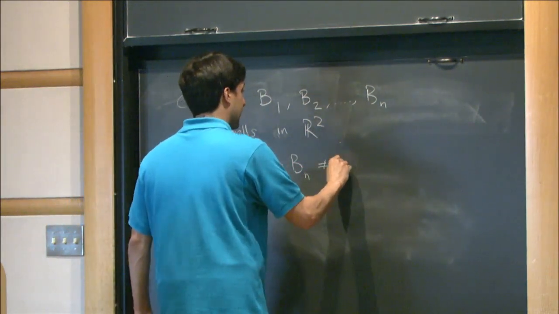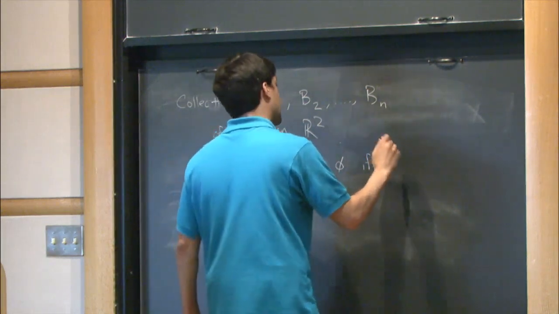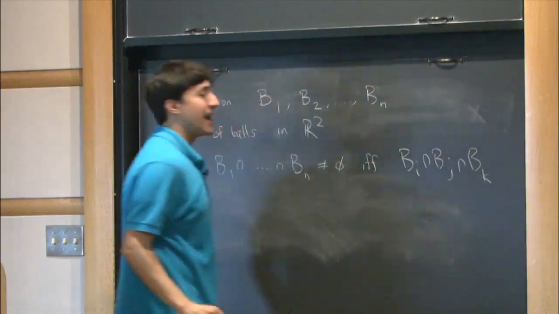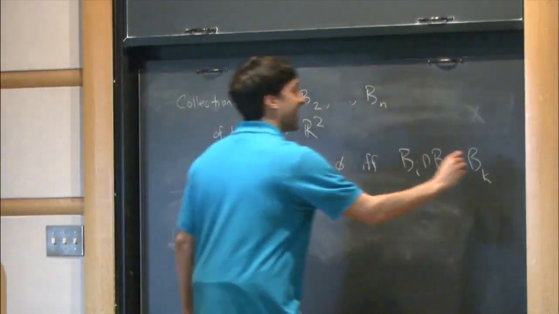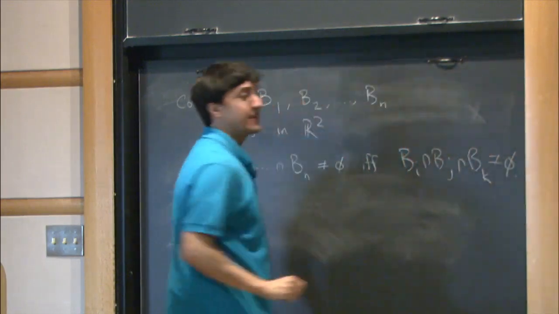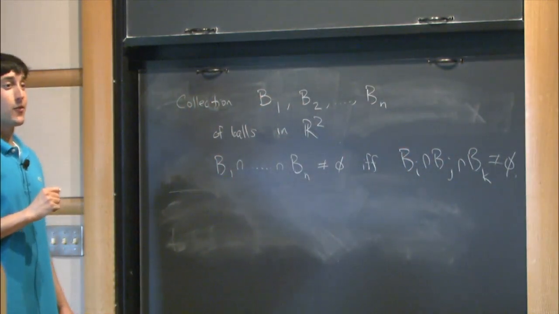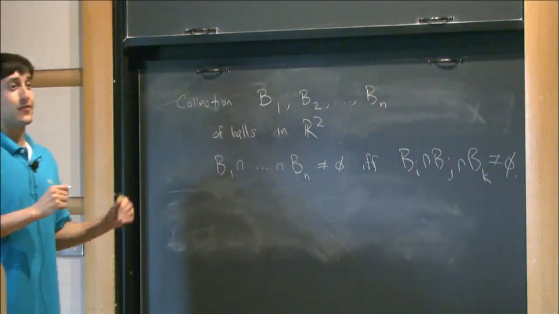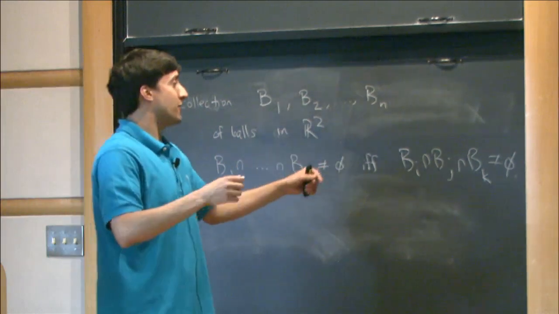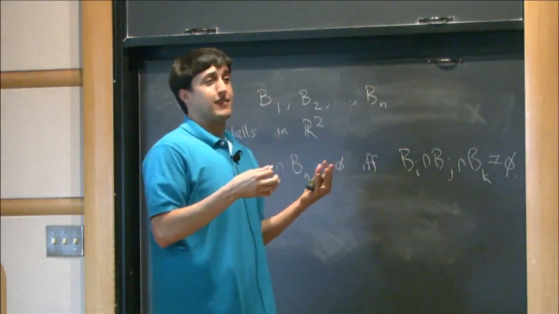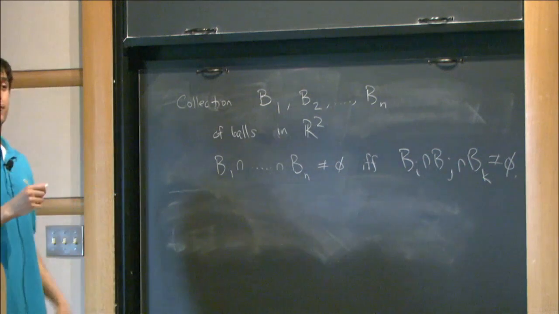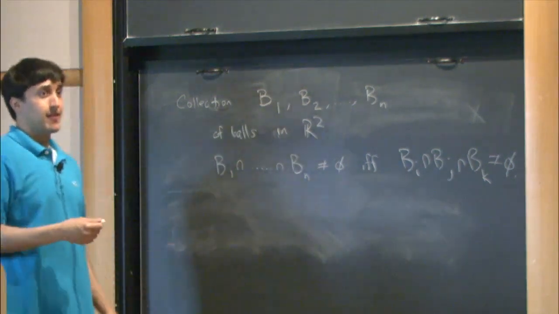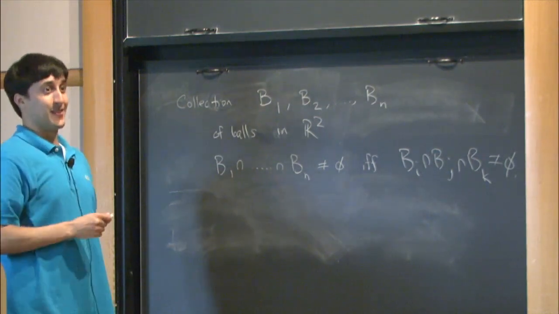This intersection is non-empty if and only if, when you take any three of them, their intersection is non-empty. So the 3 is the dimension plus 1. If your symmetric space has dimension d, as soon as you've looked at d plus 1 tuples of different balls, that's enough. Once you know that, you know the world.